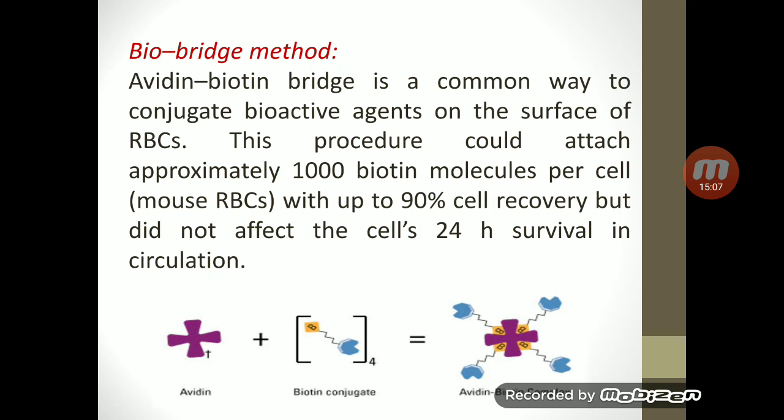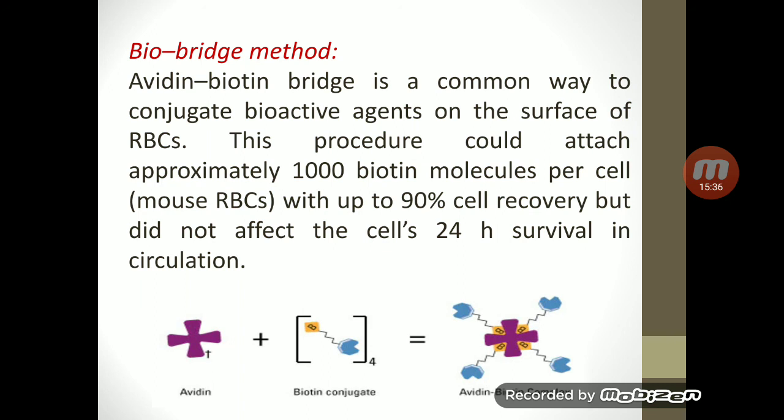Then the bio-bridge method. In this method, we can use an avidin biotin bridge, which is a common way to form a bond with the RBCs. This avidin biotin bridge can form a bond with the RBC surface. We can attach approximately 100 biotin molecules per cell.